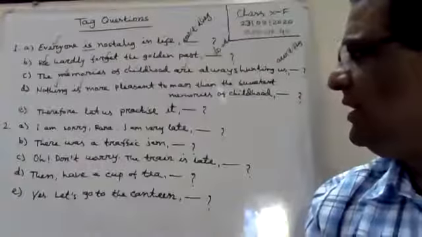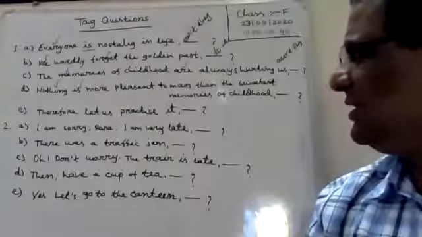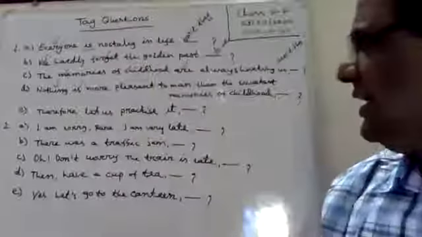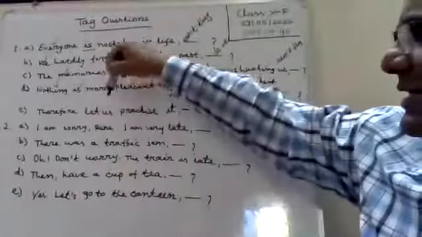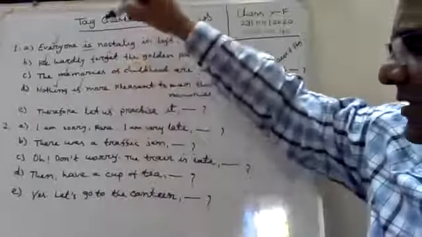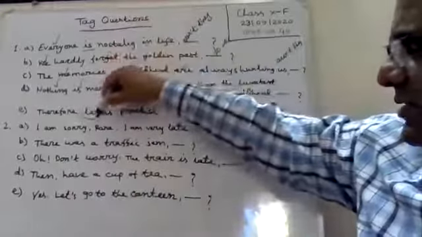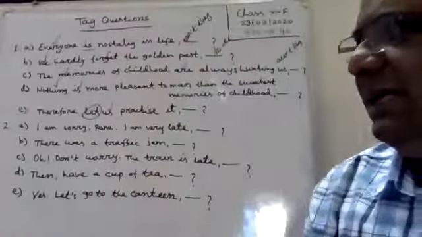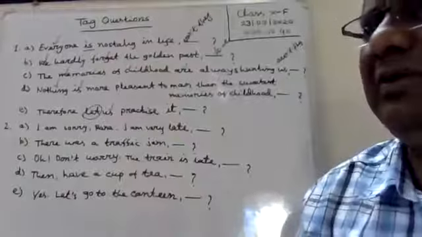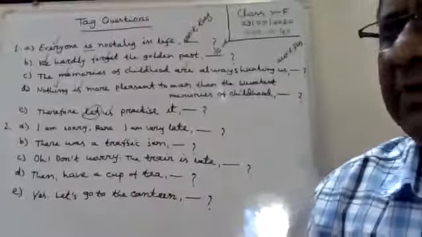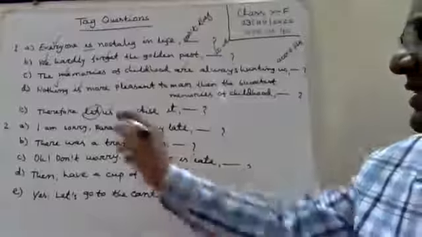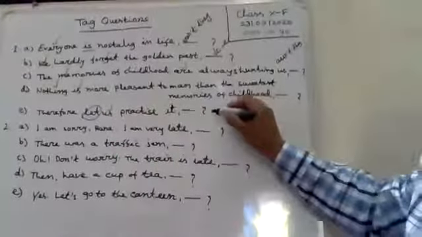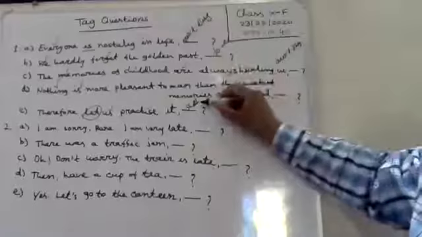Number 5. Therefore, let us practice it. You know that let us. Here, the subject is us, and let is not a verb, though it may be considered a verb. So let us. In that form, this answer will be a totally different type. Instead of let's, we shall write down shall, and instead of us, we write down we.